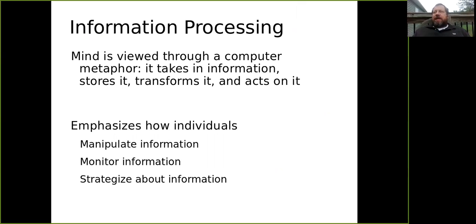And it doesn't mean that information processing theorists think that the human mind actually works in the same way as a computer, but the language of computer science and the way that we describe computers provides a helpful sort of language to use and to break down how humans may process information from the environment around them, how they tend to take in that information and act upon it, and also the kinds of strategies that we use.